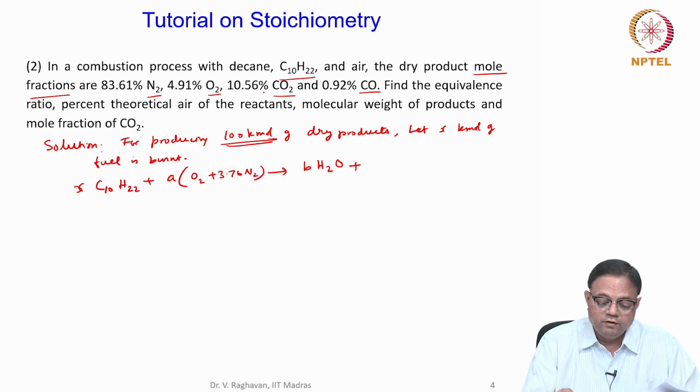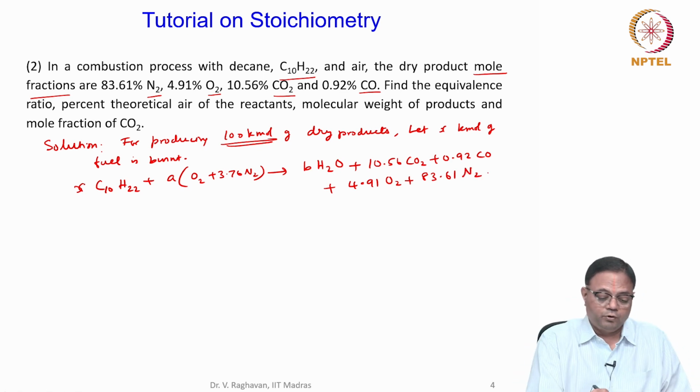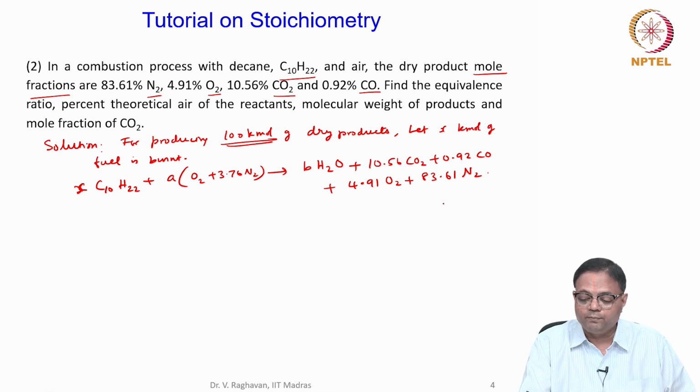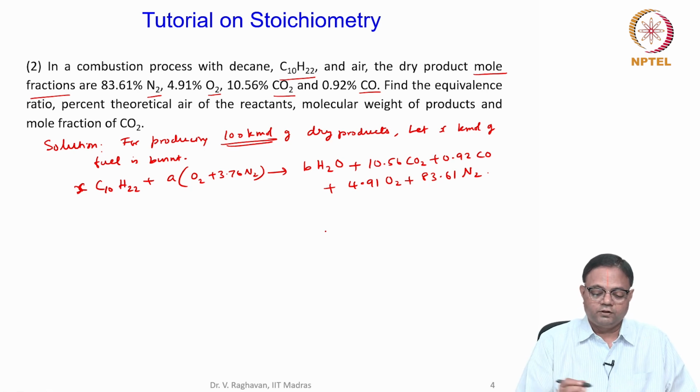So that means if I say CO2, I can write 10.56 kilomoles of CO2 plus 0.92 kilomoles of CO plus 4.91 kilomoles of O2 plus 83.6 kilomoles of N2. So this will be the thing. I am putting X here because I am assuming that X kilomoles of decane is burned to form 100 kilomoles of dry products, and obviously the H2 also is included in the reaction.